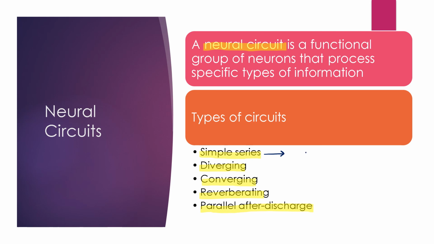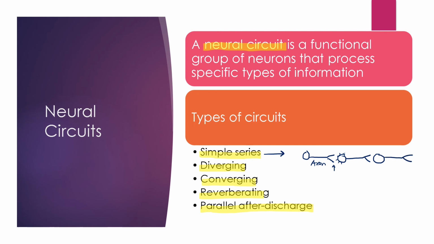So just for an example, we're just going to get like this presynaptic neuron. This is going to be the axon. This is the axon terminal, which connects to the dendrites on another neuron. I'm just not drawing the dendrites, but it connects to the cell body.